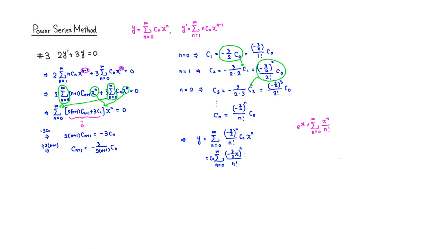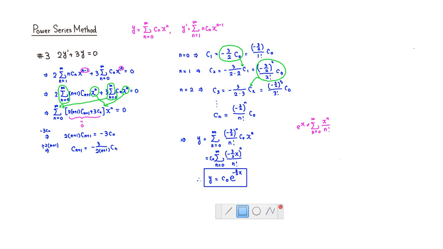So therefore, we have a solution. y is equal to C0, which is just any number, times the exponential function with negative 3 halves x inside. So this is a solution. We found the solution using a power series method. I'm going to just box this in.